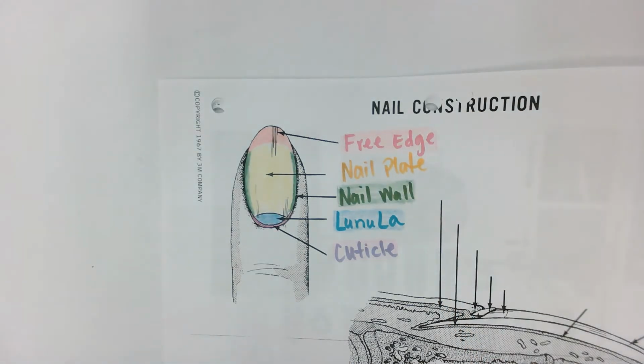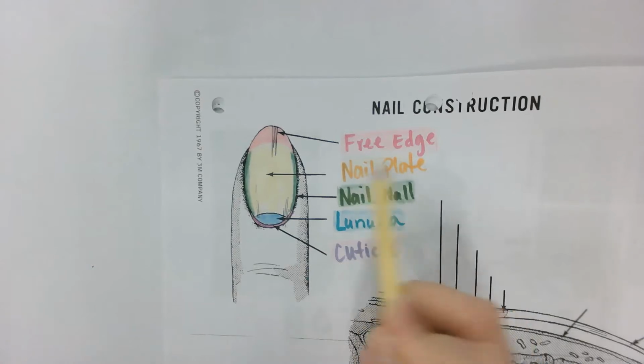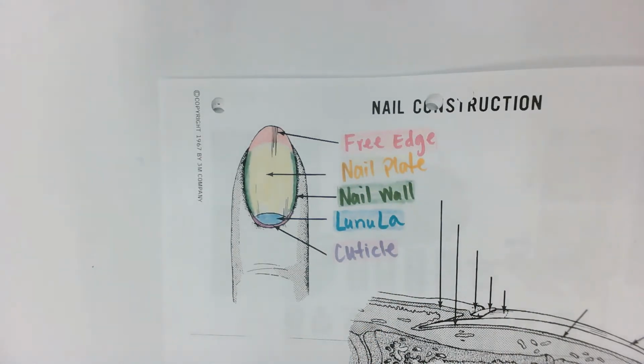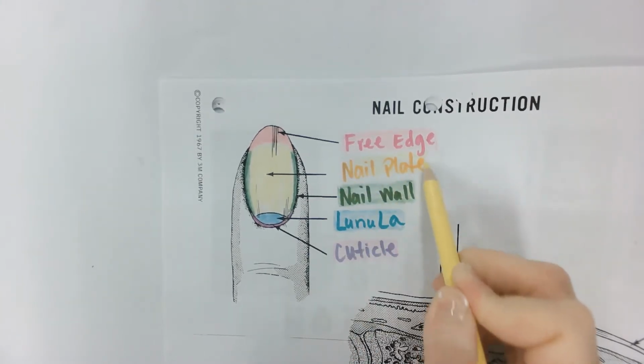Just like a food plate, food sits on top of the plate, okay? Your product sits on top of your nail plate, okay? So you want to make sure that you pay attention to that. So your nail polish, your gel, your acrylic, all the product goes on top of the nail plate. And that's what that part of the nail is, okay?